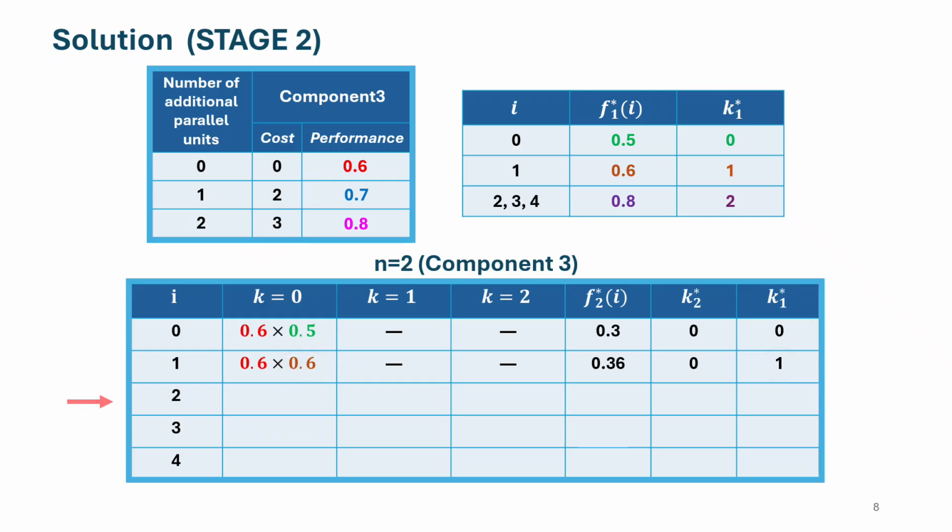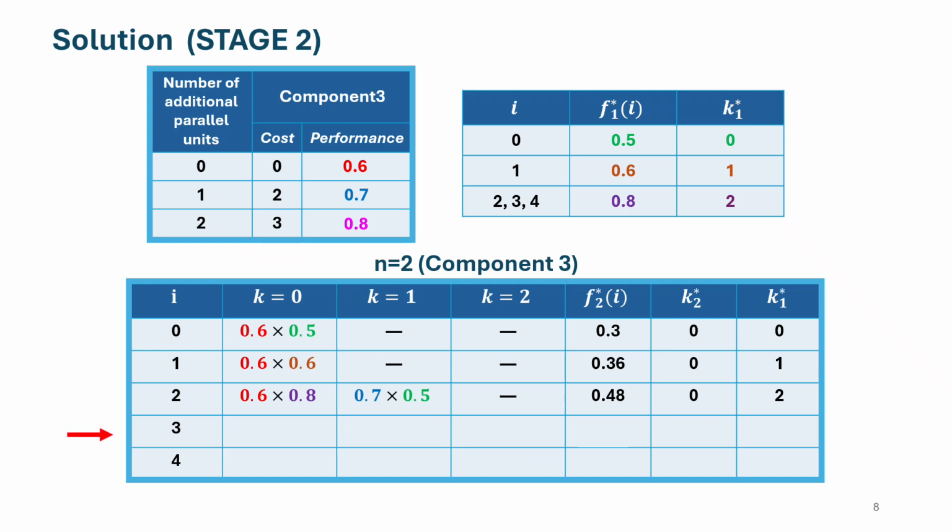At a budget of I equals 2, we compare selecting 0 units, resulting in performance 0.48, versus 1 unit, resulting in performance 0.35. The maximum performance here is 0.48, achieved by choosing 0 units for component 3 and 2 units for component 4. As a detailed example, let's look at the calculations for a budget of I equals 3.